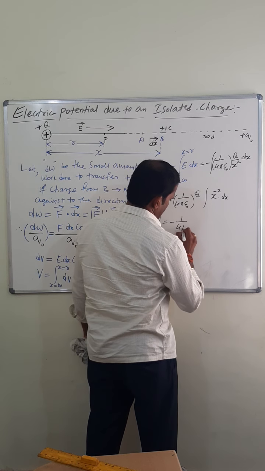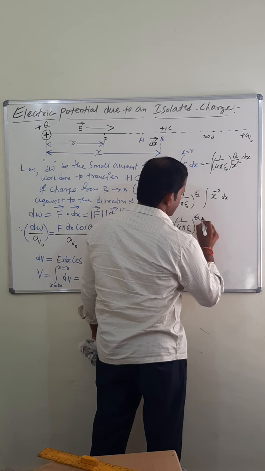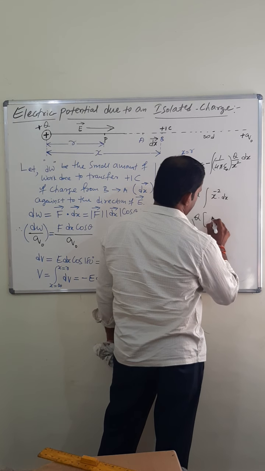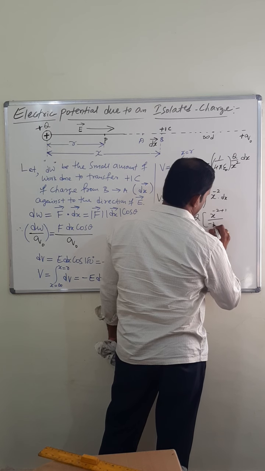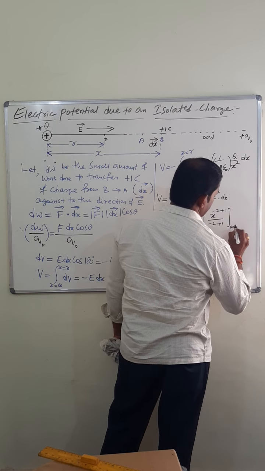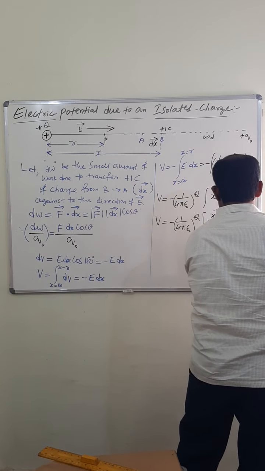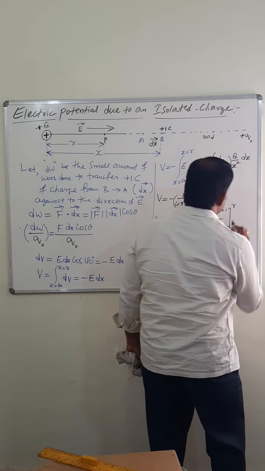The integral of x to the power of minus 2 is x to the power of minus 2 plus 1 divided by minus 2 plus 1, with limits ranging from infinity to r.